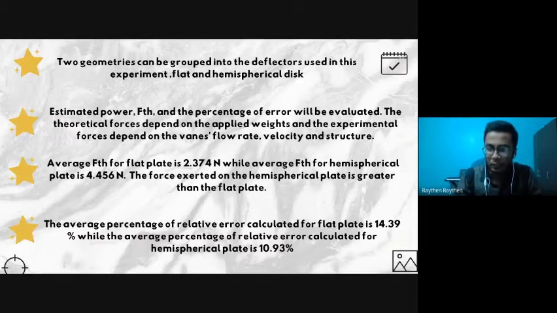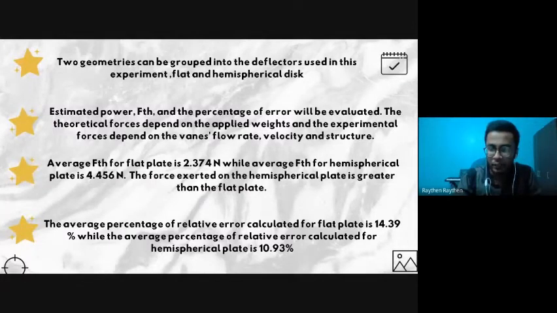Here, the theoretical forces depend on the applied weights and the experimental forces depend on the vane's flow rate, velocity and structure. From the experiment, the average FTH for the flat plate is 2.374 Newton, while the average FTH for the hemispherical plate is 4.456 Newton. It is shown that the force exerted on the hemispherical plate is greater than the flat plate.